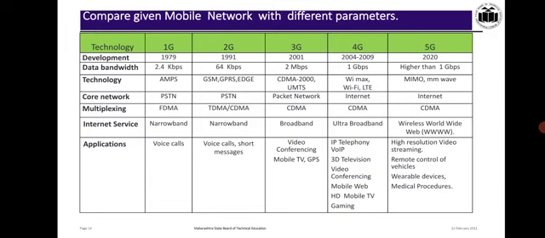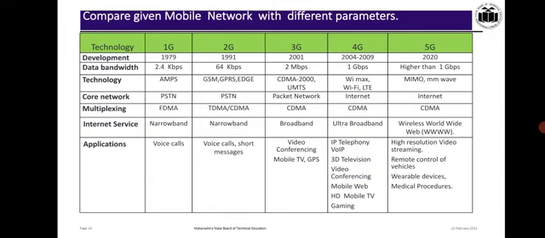Moving toward the third parameter, that is the technology. In the first generation, analog technology, that is AMPS, is used. In second generation, GSM, GPRS as well as EDGE technologies were used. In 3G, CDMA and UMTS technology was used.